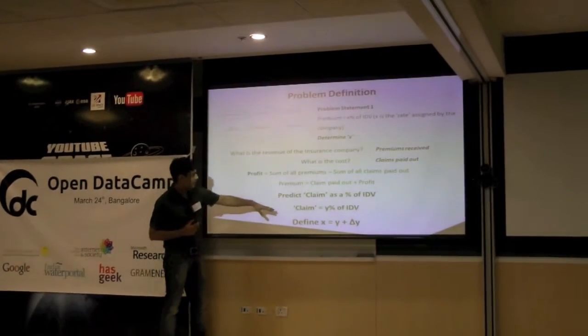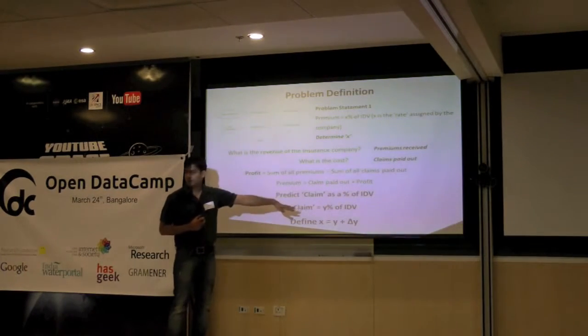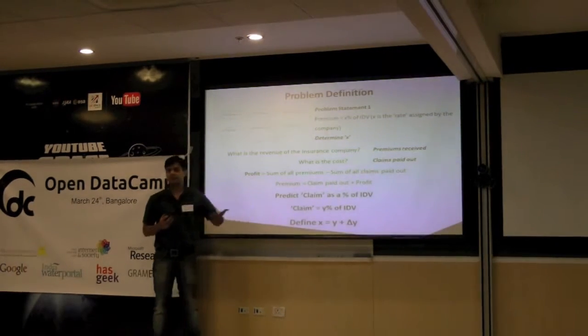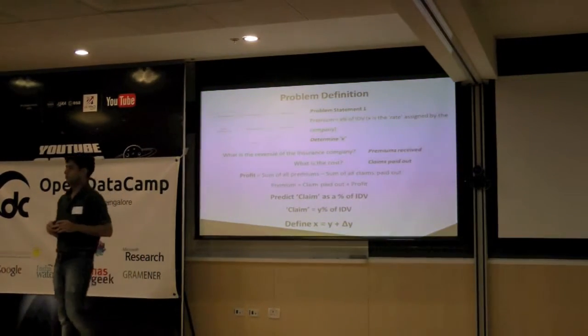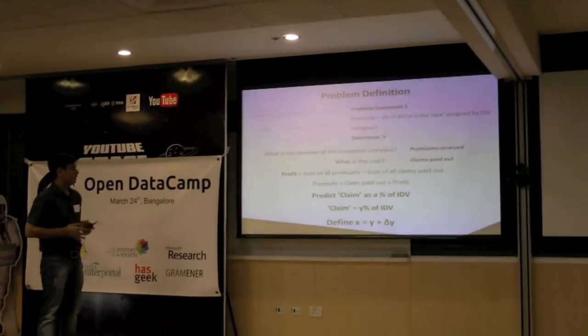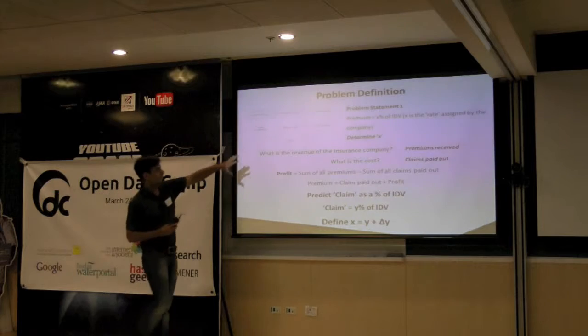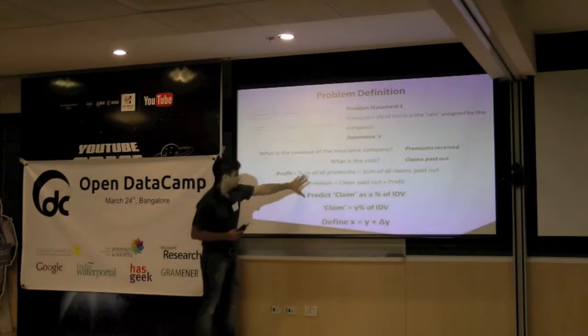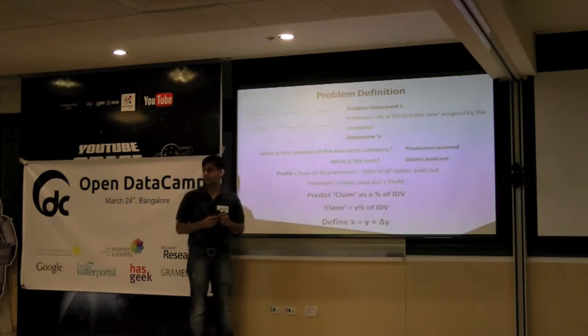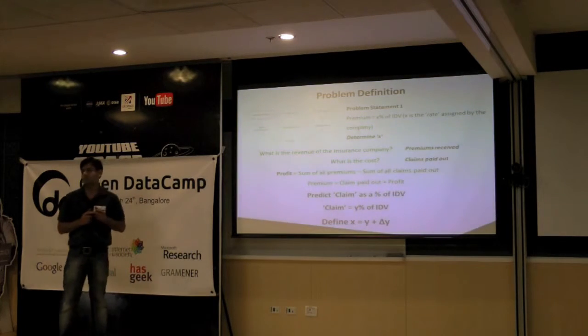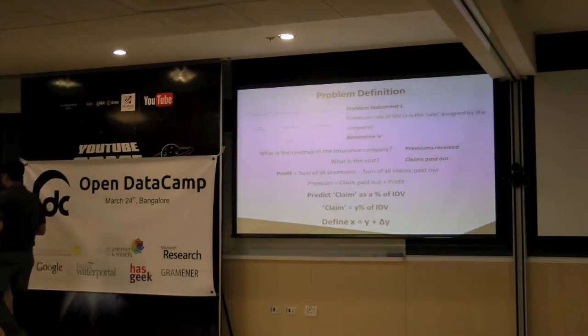Once we've defined claim as Y percentage of IDV, then there's a delta that we can add to it. That's a business decision on what amount of profit they want to keep, and we can decide on X, right? So given the problem that the business had, this is how we converted it into an analytical problem. Now the goal of our exercise is to predict claim as a percentage of IDV.